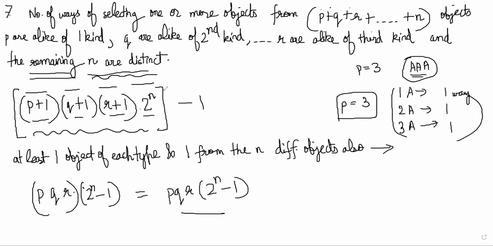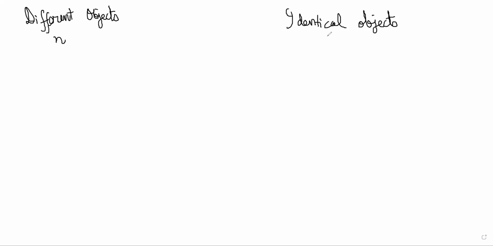Are you understanding all of this so far, what we have done? Yes, sir. So there is a difference when you have different objects, that is fairly easy. And then there is identical objects. For different objects, suppose there are n in each case. If you have to select 0 or more, you have 2 power n. If you have to select 1 or more, you have 2 power n minus 1.